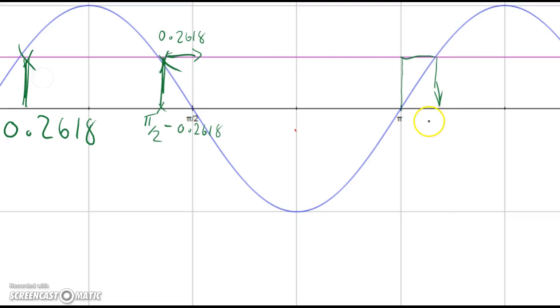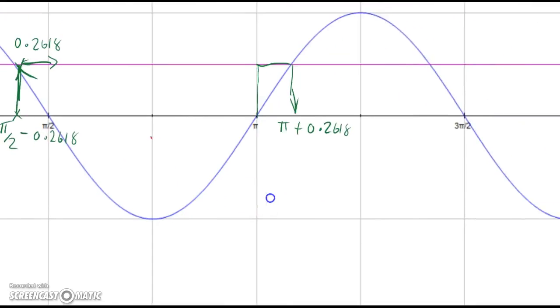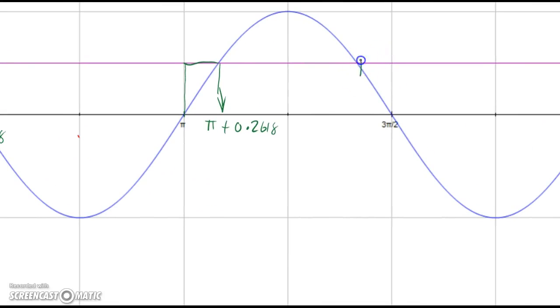That distance over there would be pi plus 0.2618. And this distance over here would be 3 pi over 2 minus 0.2618. Because again, from there to there, each of those little spaces is 0.2618. Okay, hopefully all that makes sense so far.